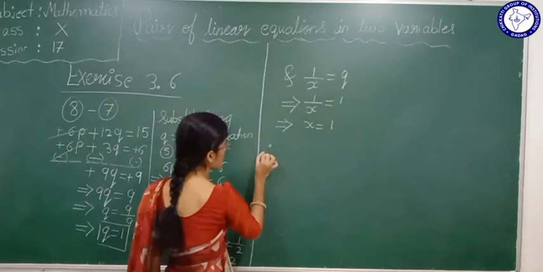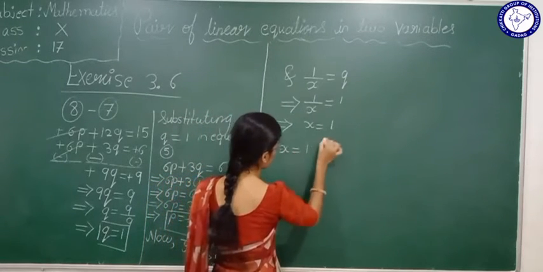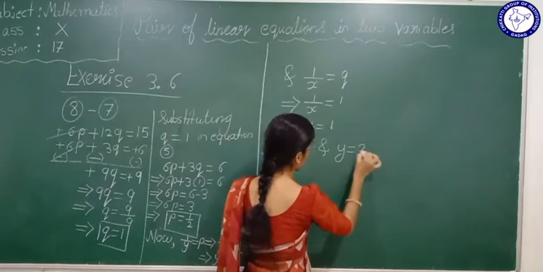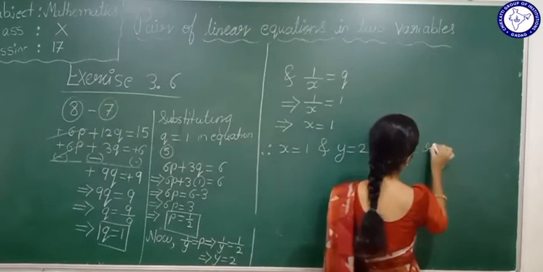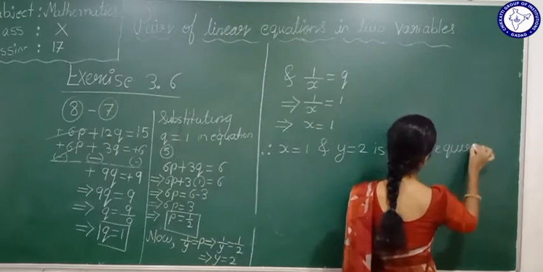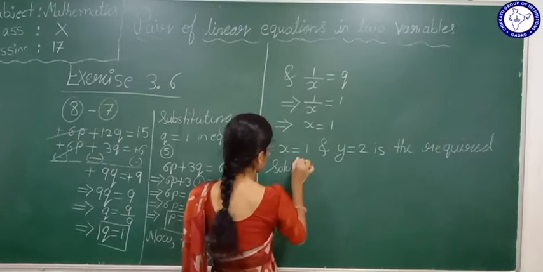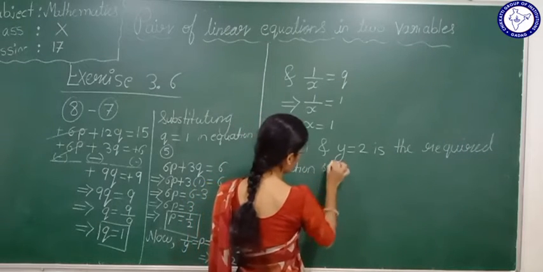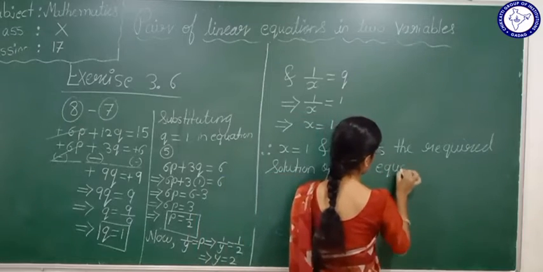So therefore what can I tell here? Therefore x is equal to 1 and y is equal to 2 is the required solution of the given equation.